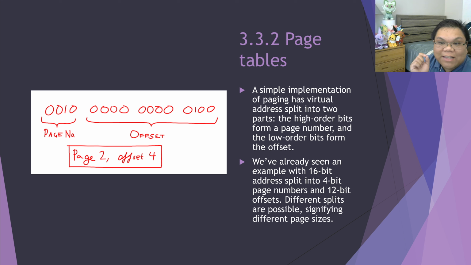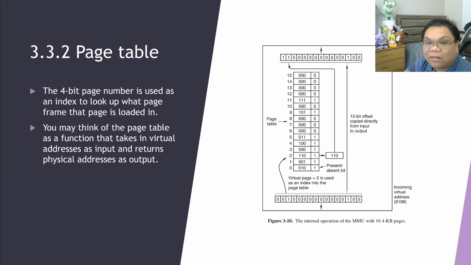So let's take this address and feed it to the memory management unit. That is where the page table lives. Well, actually, this isn't where the page table actually lives. We'll talk more about that later.